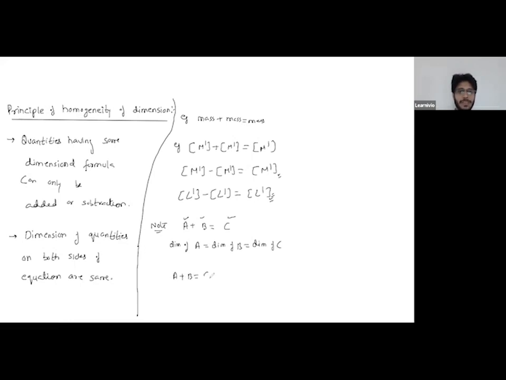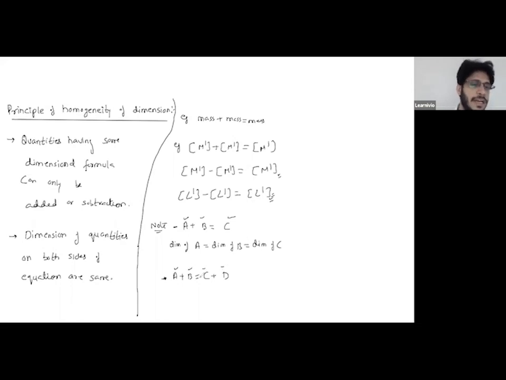If I write this as A plus B is C plus D, Janvi, can you compare the dimensions of A, B, C and D?